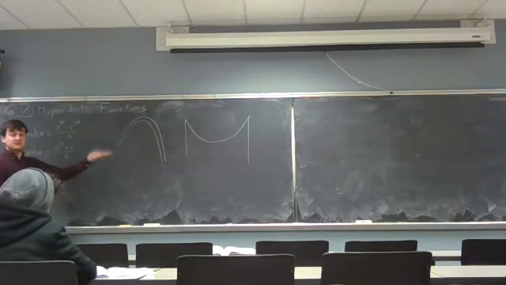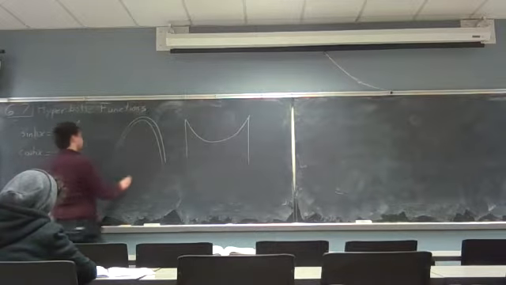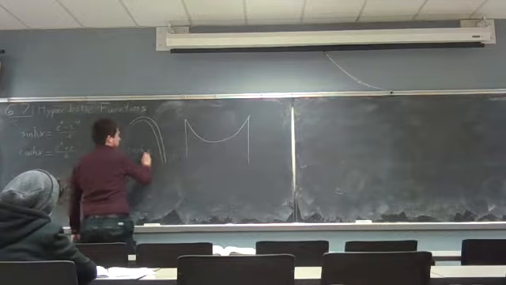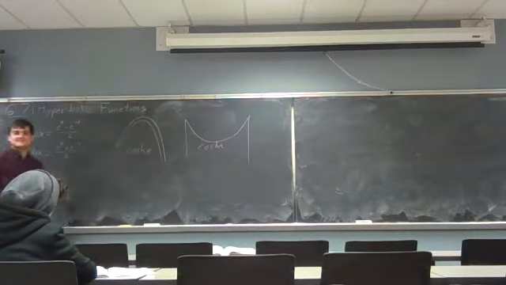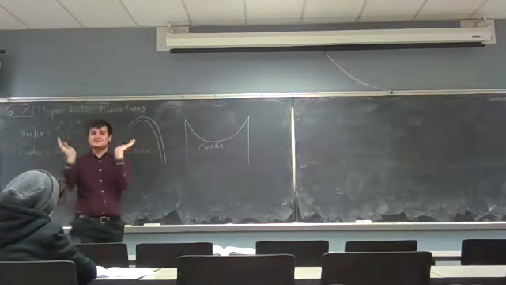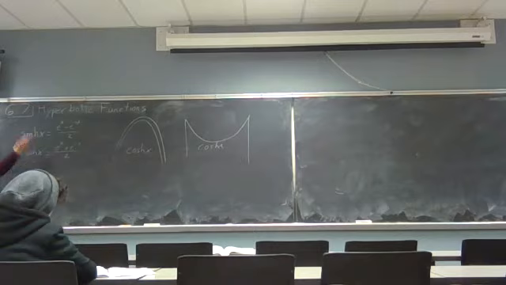A lot of you may look at these things and say, oh, that looks like a parabola. You're actually wrong. Both of these are the hyperbolic cosine. The natural shape of a wire on a bridge is actually the hyperbolic cosine function.